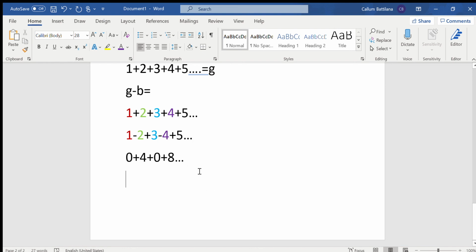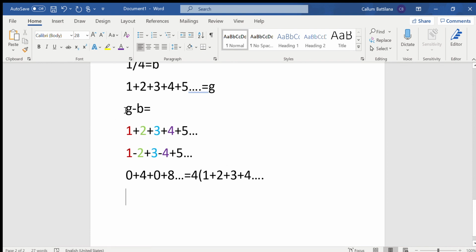Well, if we take the 4 out from this series, you'll notice we don't have to worry about the zeros. We have 4 times 1 here, we have 4 times 2 here, and this should go on and on, right? So look at this. Gamma minus beta is equal to 4 times gamma, because it's exactly the same as the infinite sum for gamma.